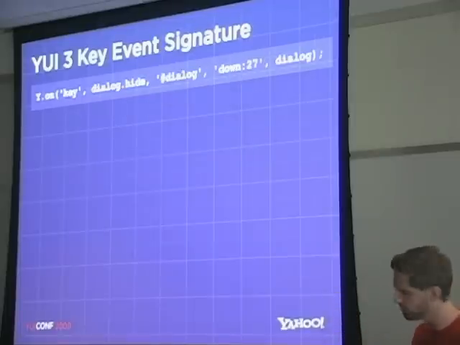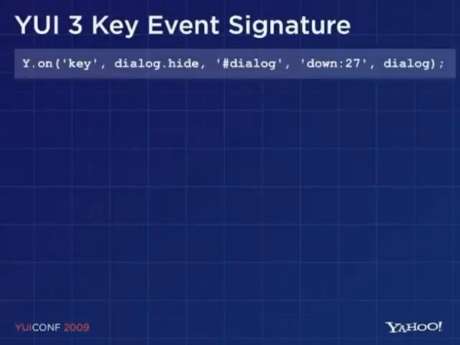But if we think back to our original example, this is a dialog widget instance that we want to hide. And so what we want to do is make sure that we can call that dialog's hide method in response to that event. So we're going to use hide as our event handler in this instance. And to make sure that hide gets called within the context of that dialog widget, we're going to pass the dialog widget as the next argument to on.